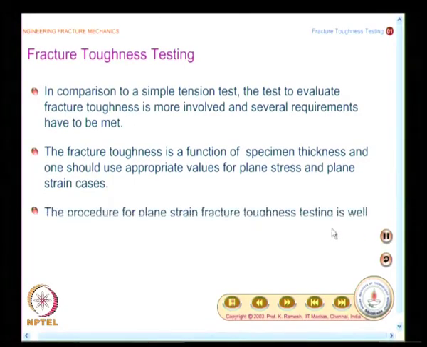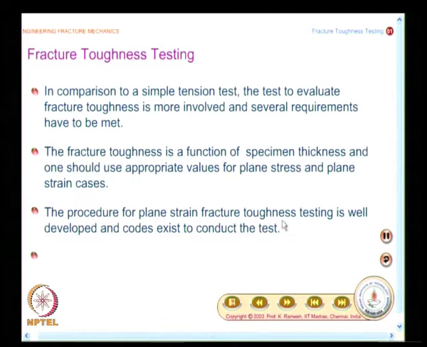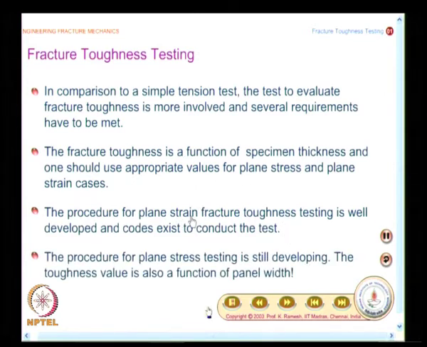Having said that, you should also be able to measure fracture toughness in plane strain as well as fracture toughness in plane stress. And the procedure for plane strain fracture toughness testing is well developed and codes exist to conduct the test, and that is what we would cover in major part of this chapter.